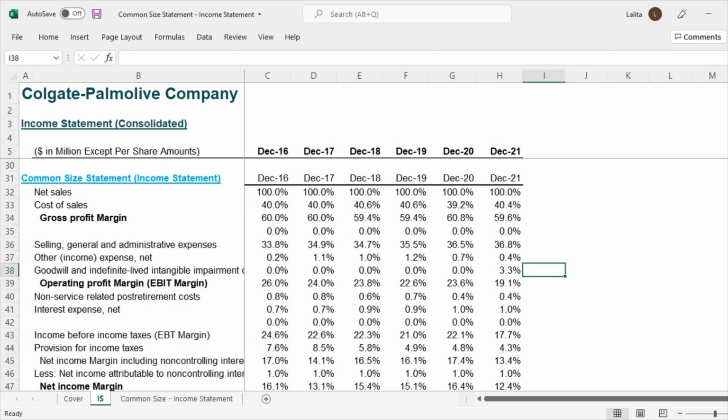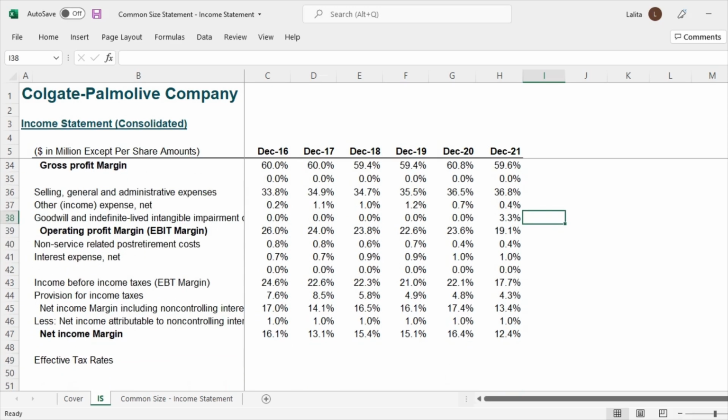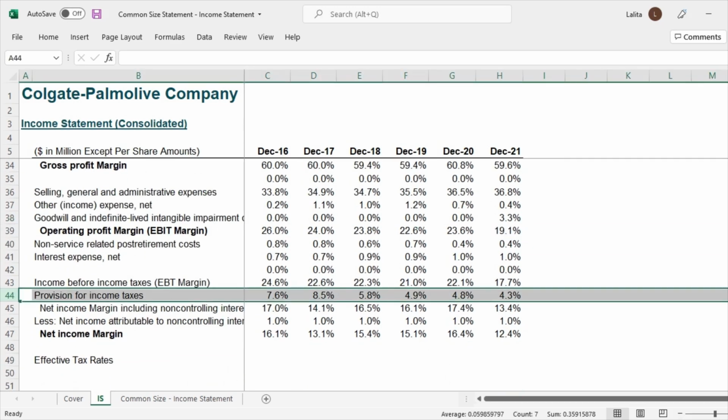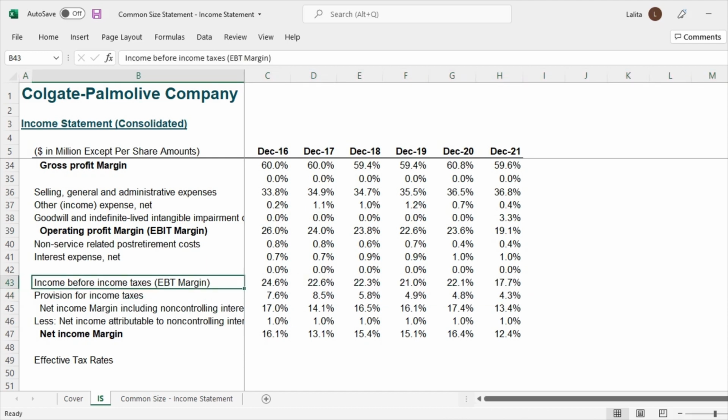So as we know about the formula, every line item gets divided by sales, right? So is that the right approach? Now think of provisions for income taxes, right? So let's imagine that if you want to understand the trend of income taxes, would you divide it by sales or would you divide it by income before income taxes? Think of how much taxes you pay and on what income.